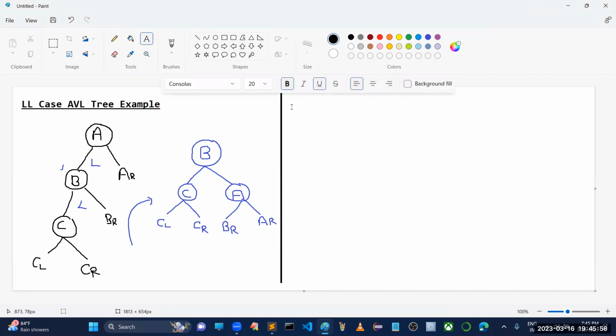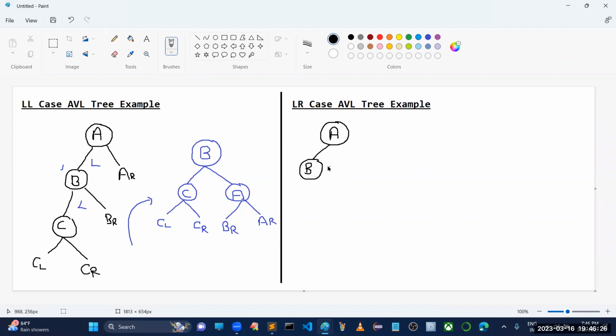So the next one we have here is the LR case, with an AVL tree example. B will become the left child, and then C will become the left child.